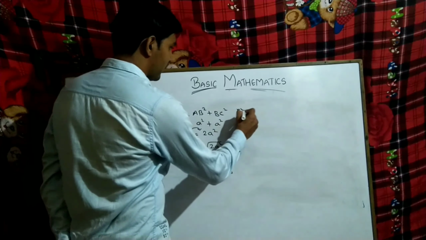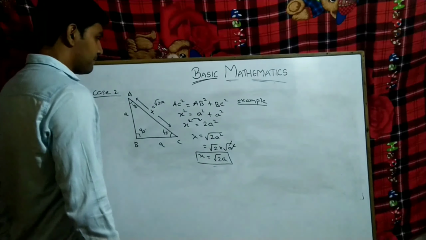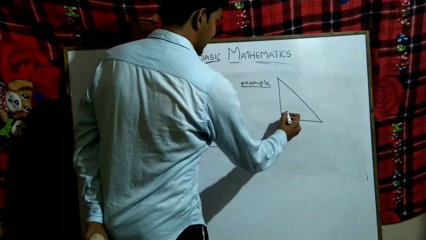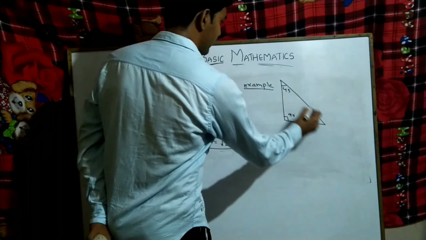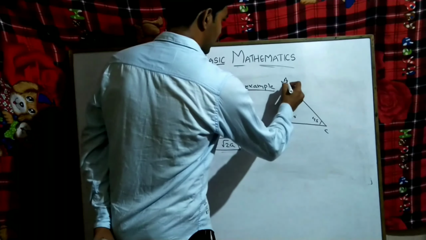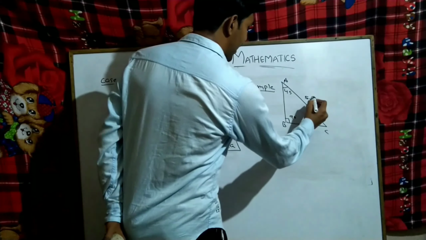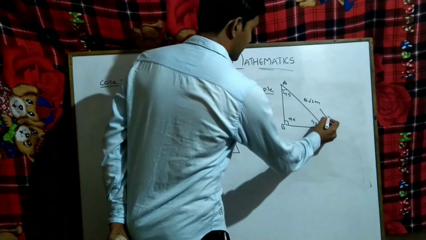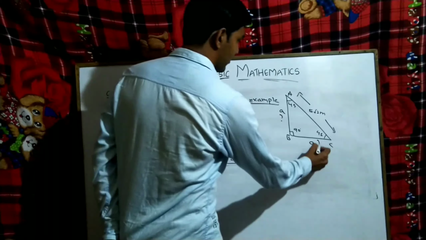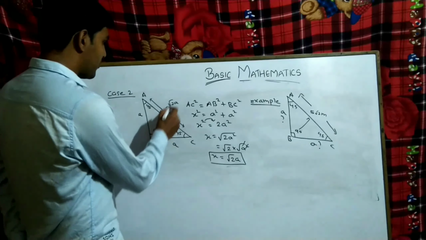Let's take one example. If you didn't understand, I will take one example. For example, if I say a triangle, isosceles triangle which has 90, 45, 45. Okay, A, B, C. Now 90 opposite is given. For example, 5 root 2 meter. This value is given. We have to find the other two sides. So 90 opposite you said how much? 90 opposite root 2A.